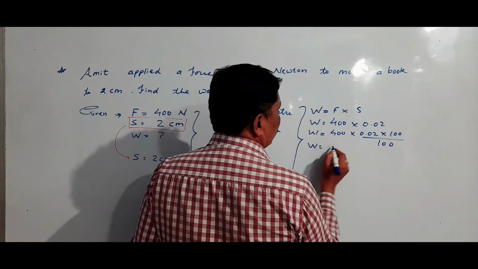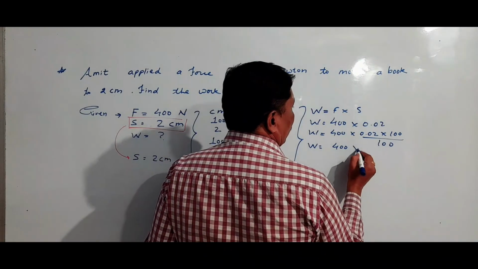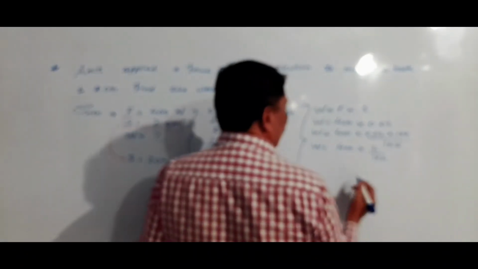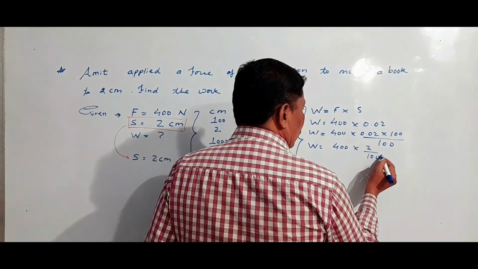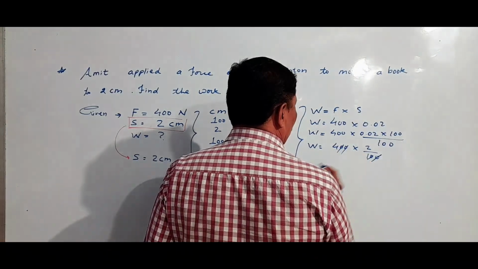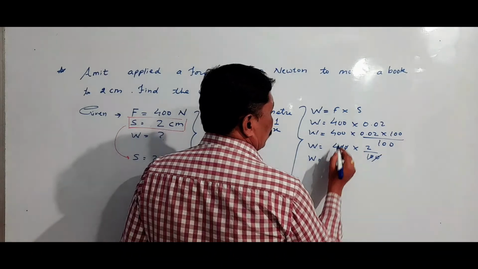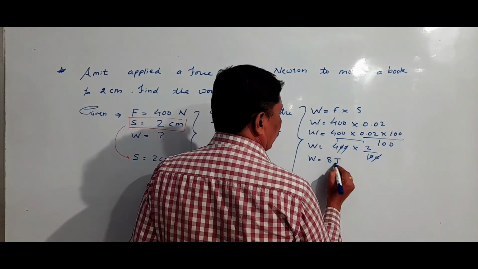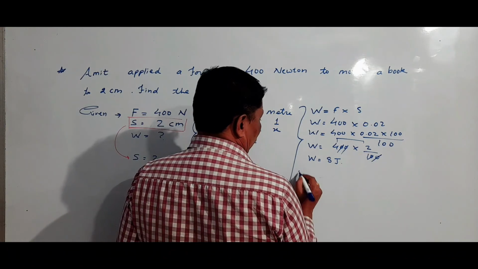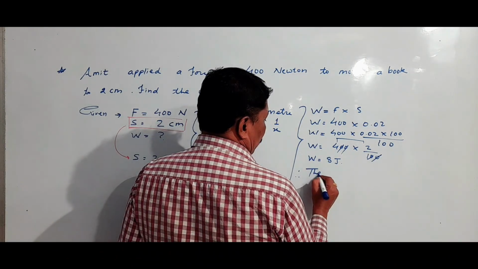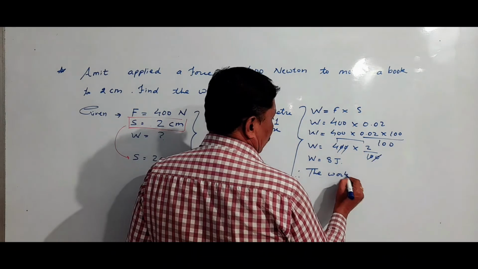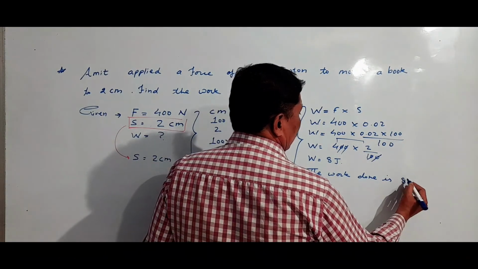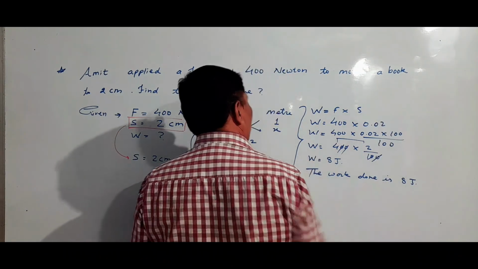So W is equal to 400 into 2 upon 100. W is equal to 4 twos are 8 Joule. Therefore, the work done is 8 Joule.